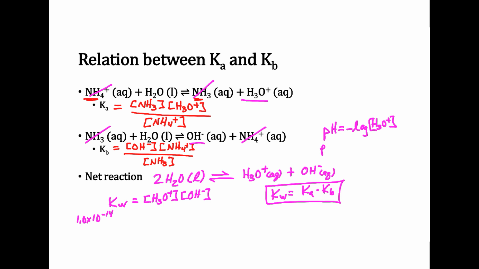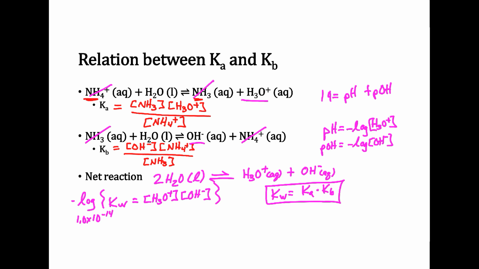Whenever we were looking for the pOH, we took the negative log of hydroxide. And then we wrote an expression that we said, well, 14 is equal to pH plus pOH, whenever we took the negative log of this whole expression.